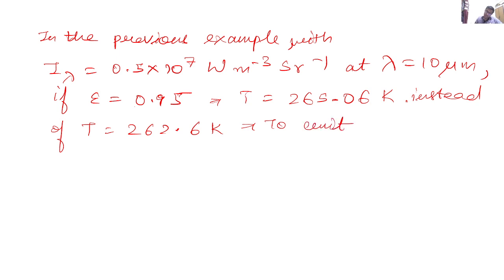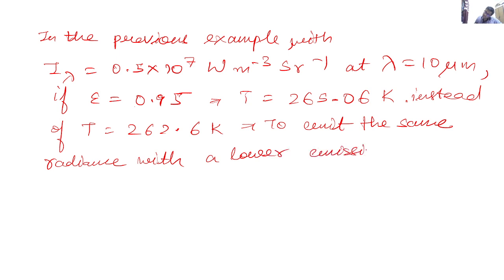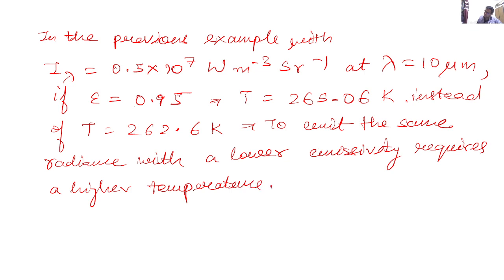So we conclude that to emit the same radiance with a lower emissivity requires a higher temperature. That's it.